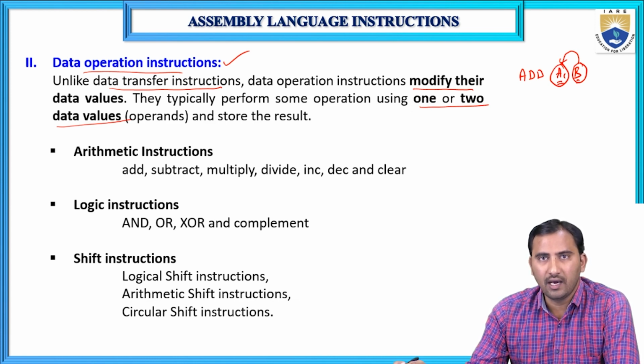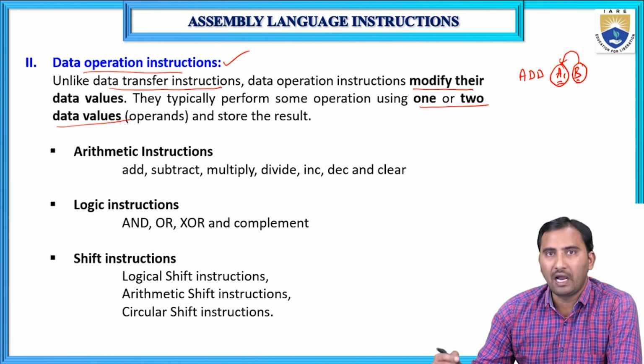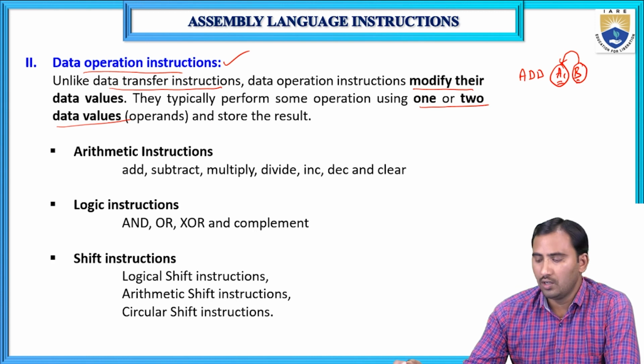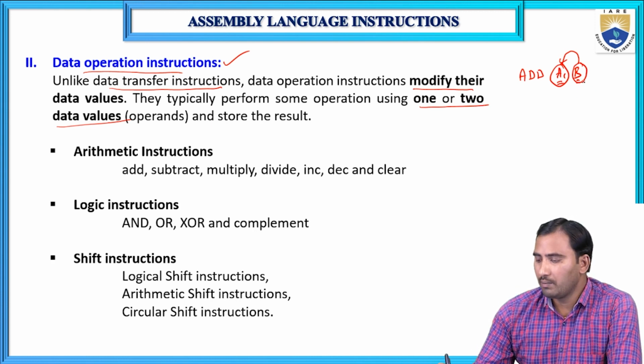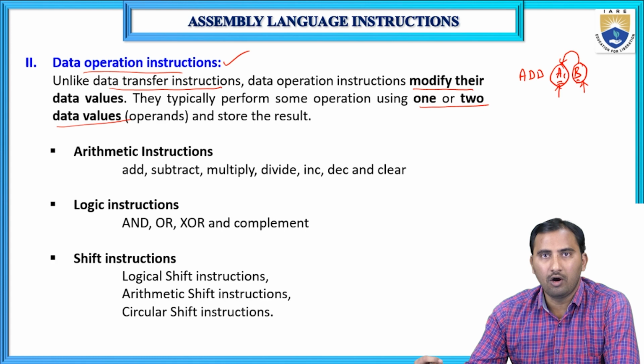So to perform the addition operation, we require two values, which are two operands. An operand is nothing but the data on which we are performing the operation. One value will be stored in register B, and another value in register A. So this particular operation requires two operands.